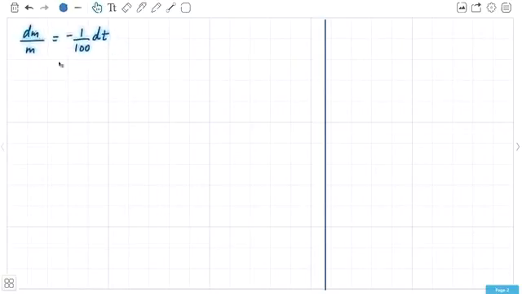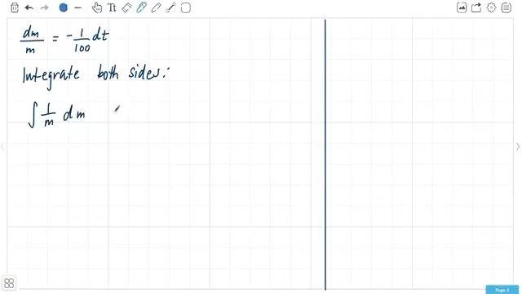So we can integrate both sides. I'm just separating the m underneath out as a 1 on m, and this is our other side. So we're going to have a log of m here. And this constant is going to become a coefficient of t, and we'll add another constant of integration.